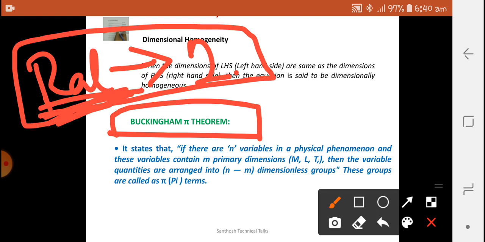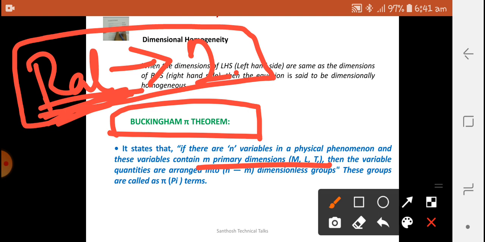It states that if there are n variables in the physical phenomenon and these variables contain m primary dimensions, we know that primary dimensions are M, L, T, then the variable quantities are arranged into n minus m dimensionless groups. That is called pi terms.